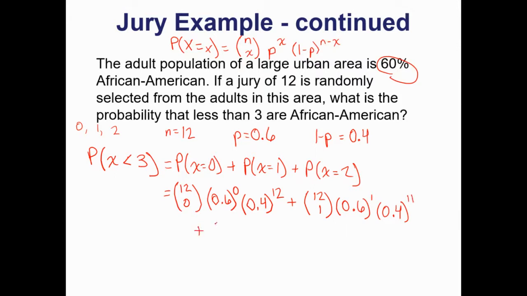And then we have 12 choose 2 for 2 successes, which means I'll have how many failures? 10. Notice my exponents always add to give me n. 0 plus 12, 1 plus 11, and so on.